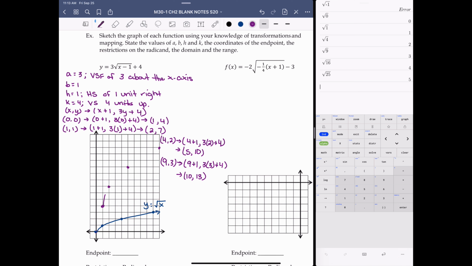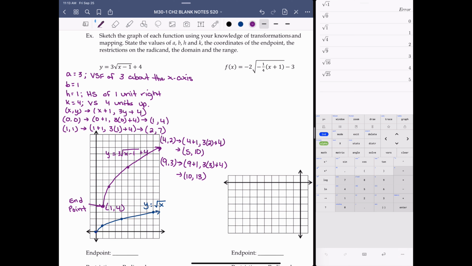So our transformed function looks like this. This is y equals 3 square root of x minus 1 plus 4. This is our endpoint, and it is at 1, 4.